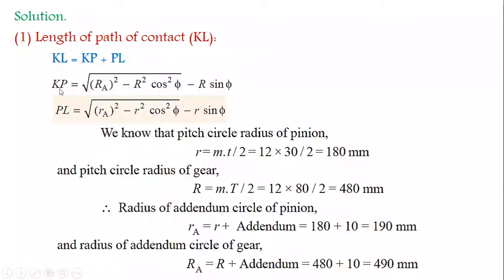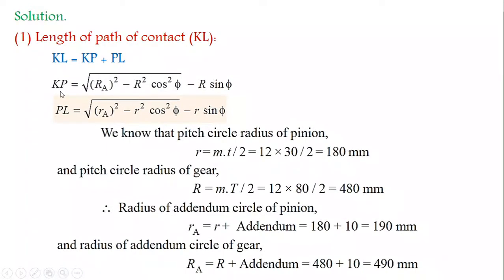Here, KP equals square root of RA squared minus capital R squared cos squared phi, minus capital R into sin phi, and PL equals square root of small RA squared minus small r squared cos squared phi, minus small r into sin phi. For finding KL, we have to find KP plus PL.